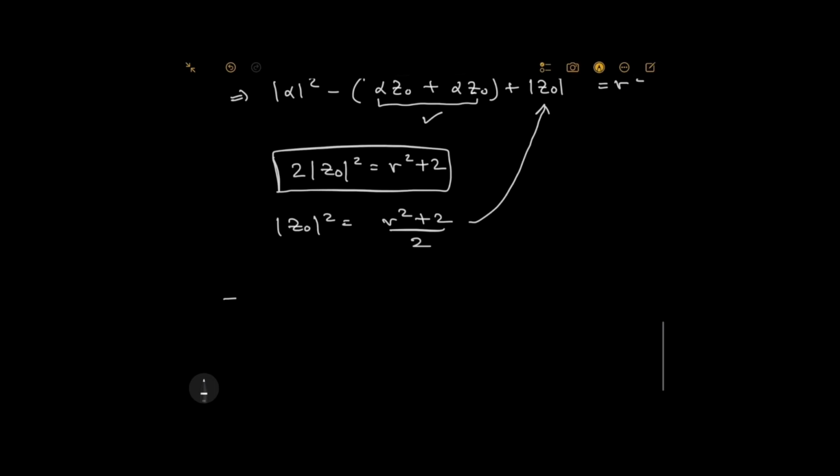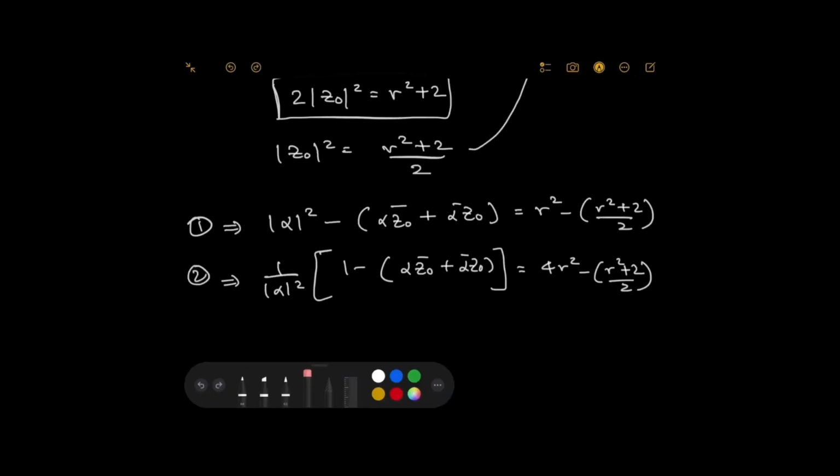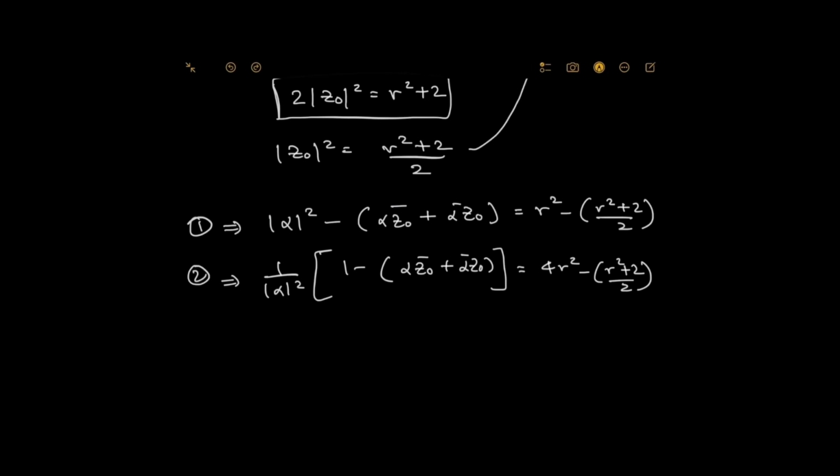So what do we get? This term here will be simplified to 2r square minus r square, so r square minus 2 over 2. And this will be simplified to 8r square minus r square, 7r square, and minus 2 over 2. We will write that down.